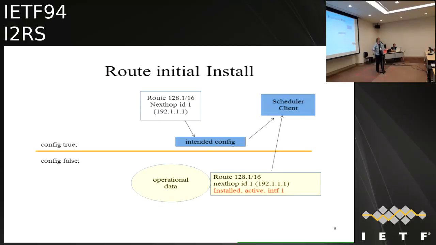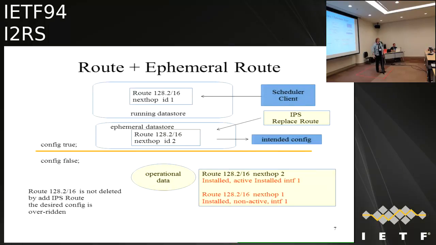You have a scheduler client who's looking for this route to appear. So it scheduled in a configuration, it's looking to have this route appear. Now, someplace in the network, you have an IDS/IPS system, and it discovers that that next hop has been trashed for some reason. Somebody has gotten into it and made it unsafe. So this IPS says, I'm going to put in 198.2/16 with next hop 2.